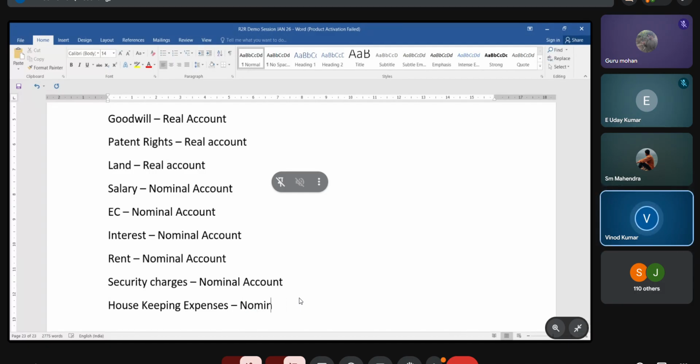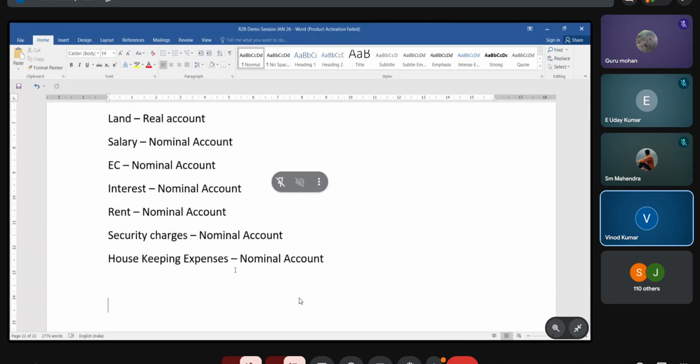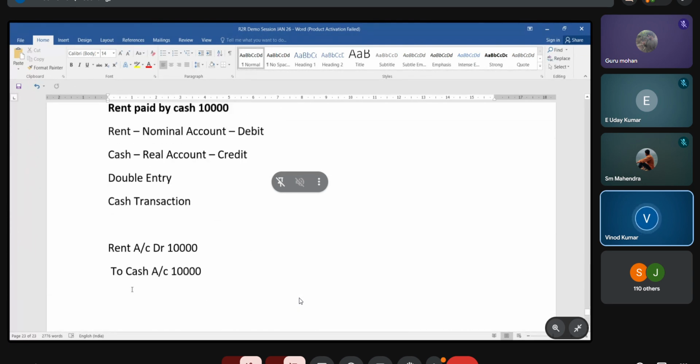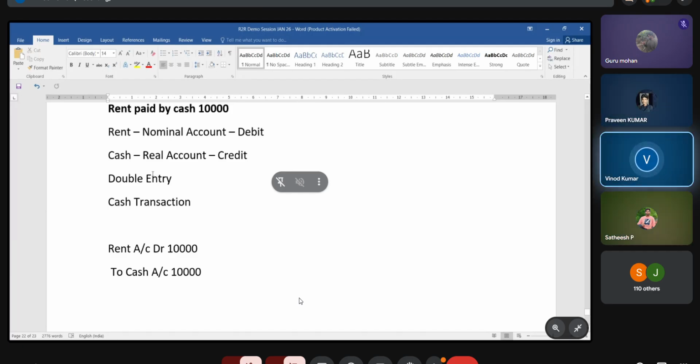So like this, we need to identify the accounts, guys. For better practice, I will send out around 60 to 70 basic journal entry transactions. I request everyone to spend one hour of your time and understand each and every journal entry.